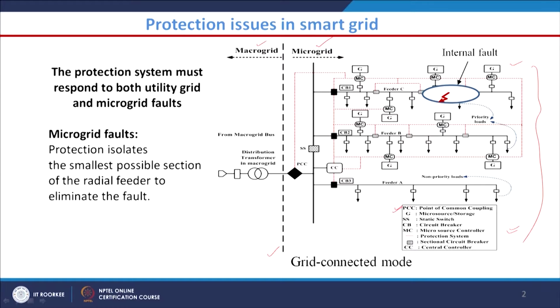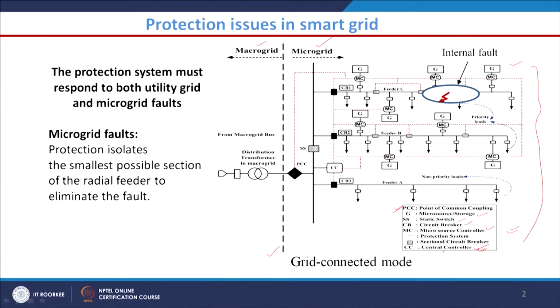You can see we have these symbols: VCC, G is the storage, and we also have the static switch SS, CB stands for circuit breaker, MC is the micro source controller, and we also have the CC, the central controller.